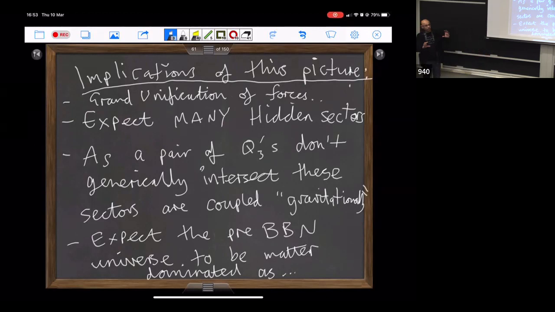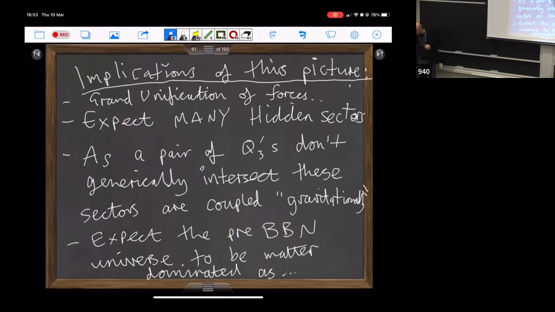The reason for that is that the singularities of R4 mod gamma are in codimension 4 and 2, which means they're localized in the extra dimensions along a 3-dimensional subspace. And in a 7-dimensional space, a pair of 3-dimensional subspaces will generically not intersect each other. So this already tells you that any interactions between, say, the standard model sector and the hidden sector, or any given hidden sector, will be what's called gravitationally suppressed.